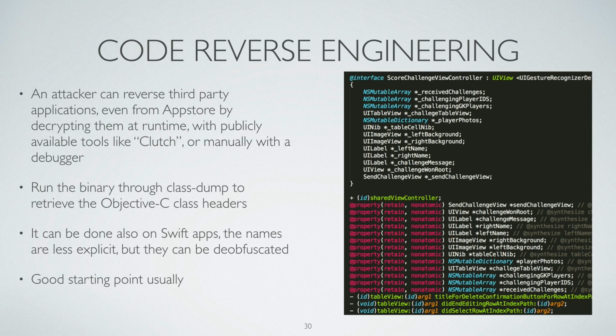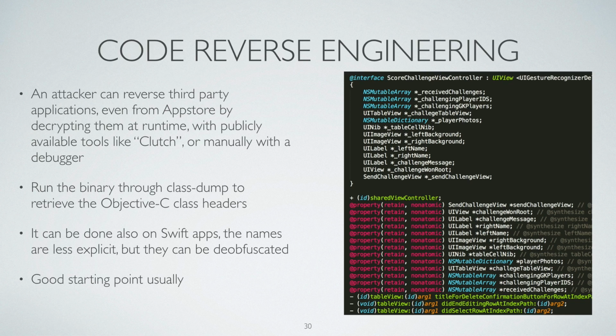So you can obtain again a decrypted executable that you can reverse engineer. After that, you can pass this decrypted executable to class-dump and obtain a similar output. This is only a piece of the class-dump output of a single view controller, but you will obtain all the class structure and headers for Objective-C code and Swift code.